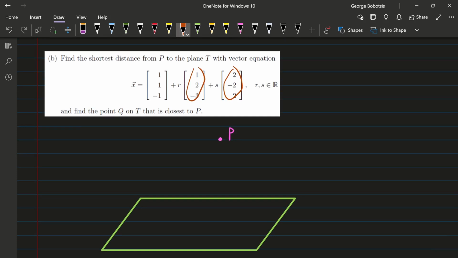Once again, this little guy right here is actually a point contained by that plane, P0. The others are just direction vectors that we can use to construct any vector on that plane.